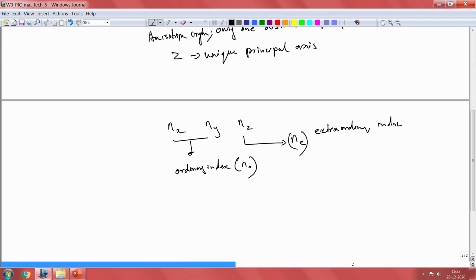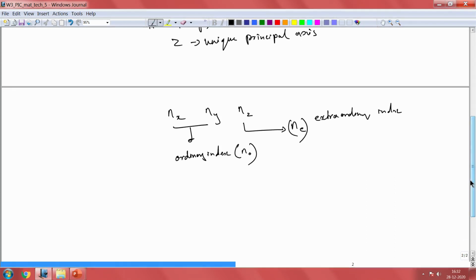Alright. So, the crystal will be positive uniaxial if Ne is greater than N naught. We call it negative uniaxial if Ne is less than N naught.